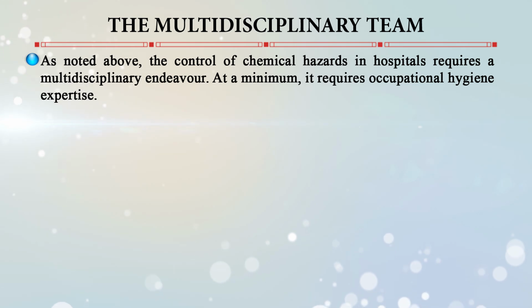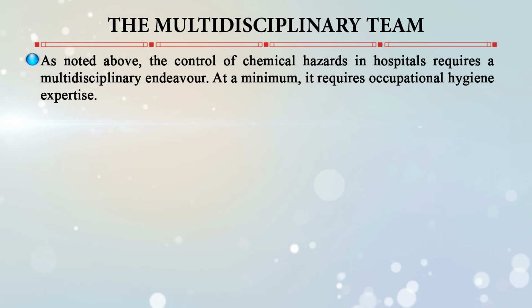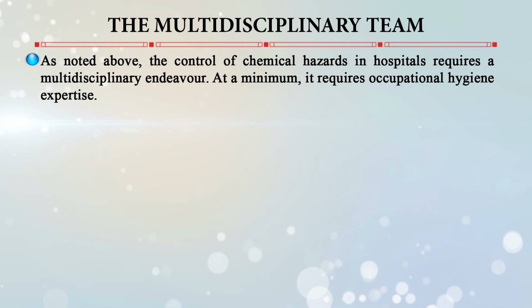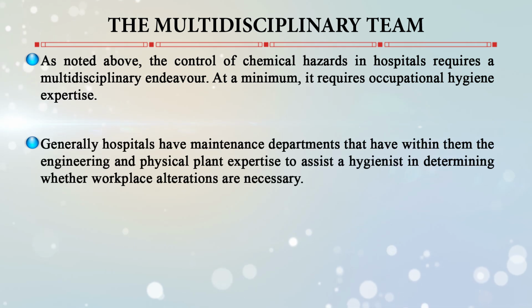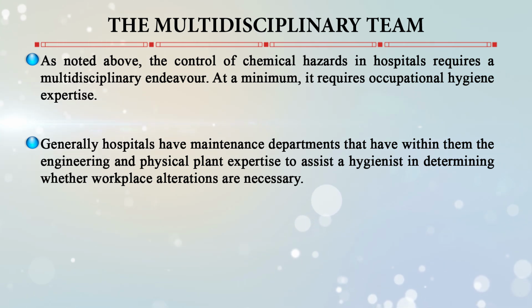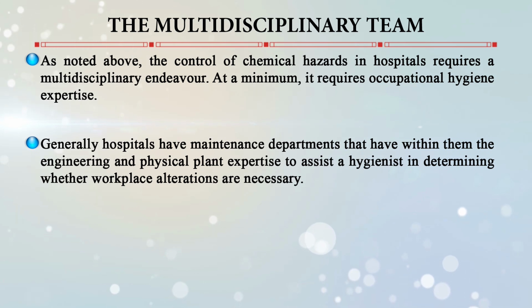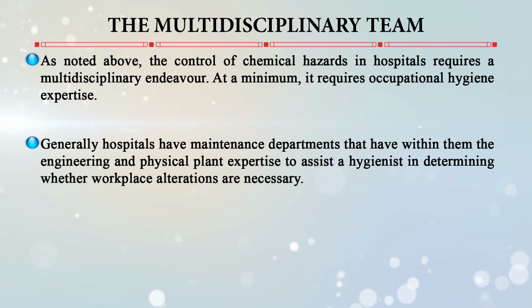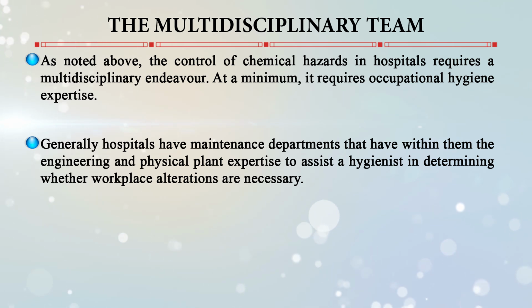Here, the multidisciplinary team is highly required. The control of chemical hazards in hospitals requires a multidisciplinary endeavor. At a minimum, it requires occupational hygiene expertise. Generally, hospitals have maintenance departments that have within them the engineering and physical plant expertise to assist a hygienist in determining whether workplace alterations are necessary or not.